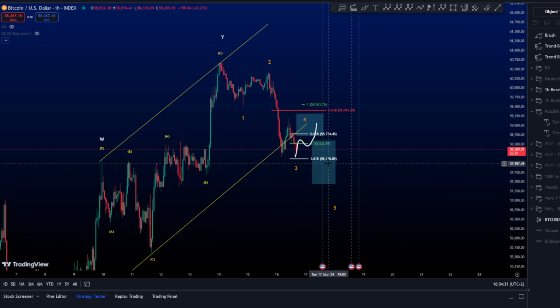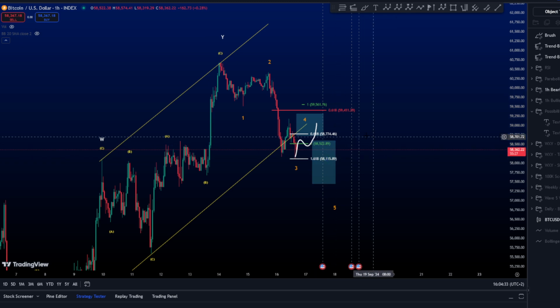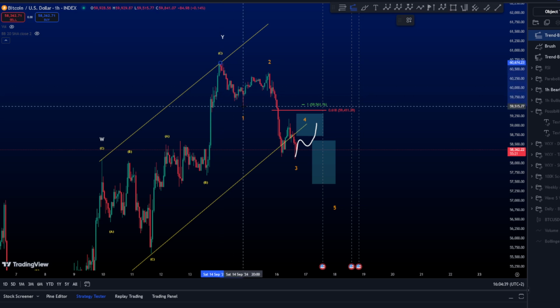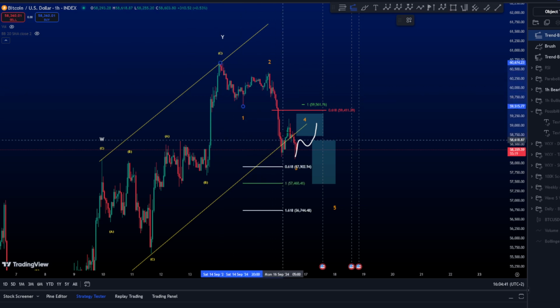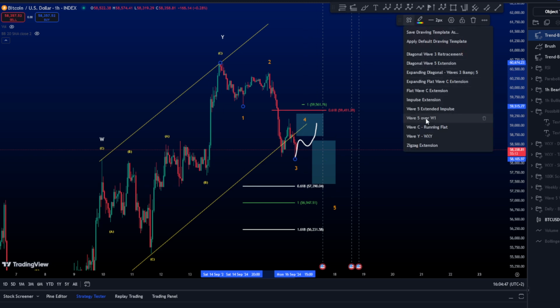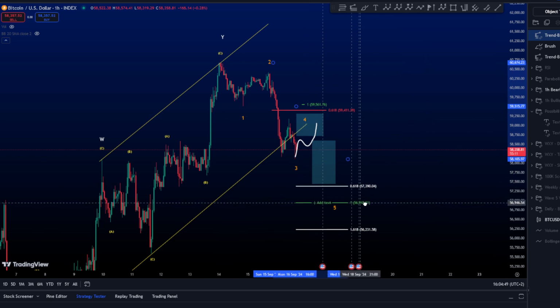Now wave 5, your wave 5 target should be taken of course from the start of this impulse, from the 1, and if we take it with the wave 3, let's say it has ended here, we say wave 5 based over wave 1.